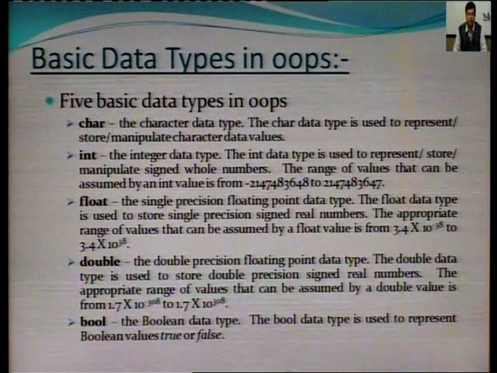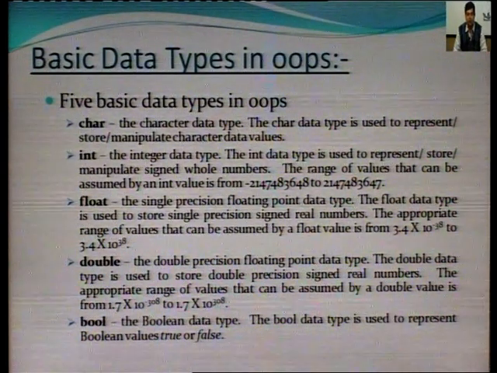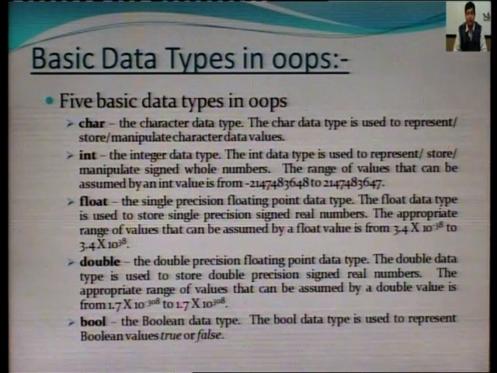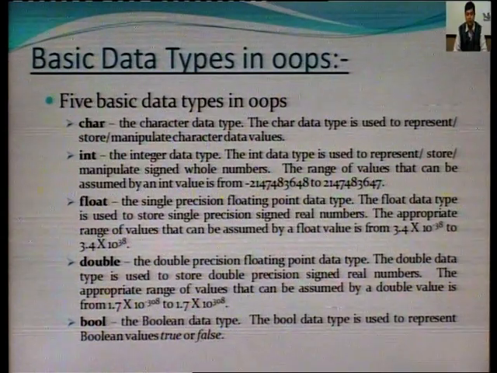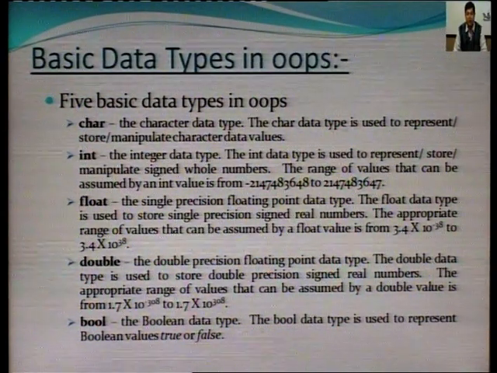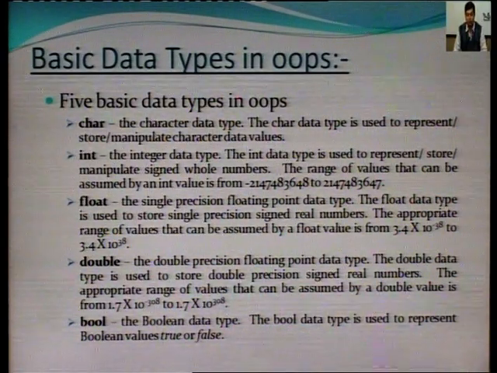And if you declare a variable of double precision floating point data type, the range is specified as 1.7 times 10 to the power minus 308 to 1.7 times 10 to the power 308. If you declare a variable of Boolean type, it is used to represent the Boolean values true or false.